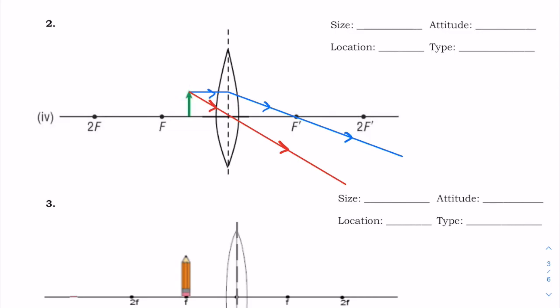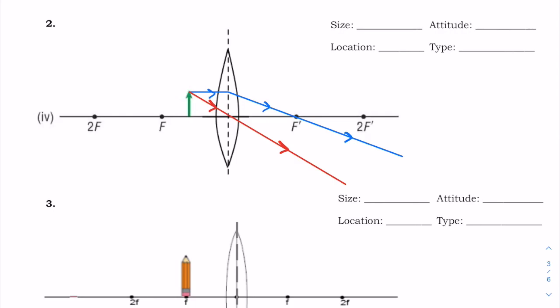They appear on the right side to be getting further apart. There's no way that these rays of light can converge if they're moving further and further away. So this is actually going to be the only time you produce a virtual image with a converging lens.